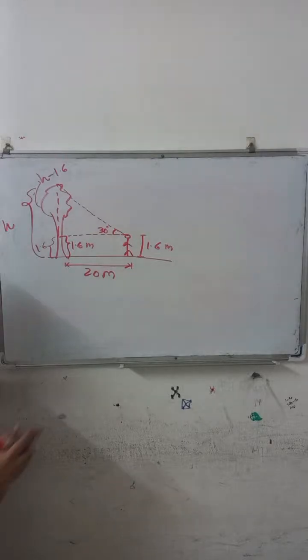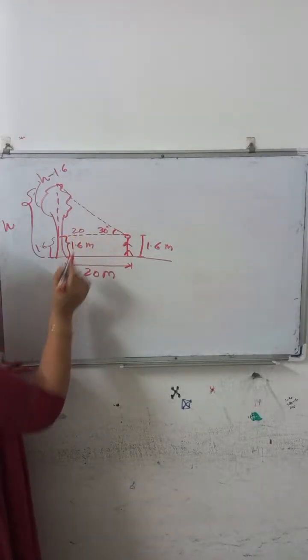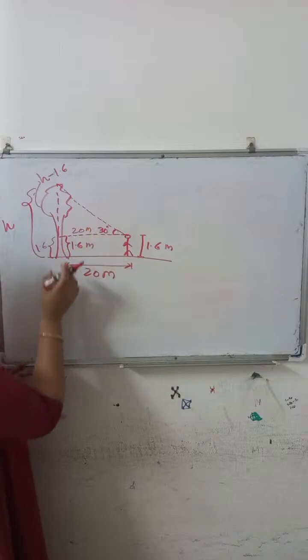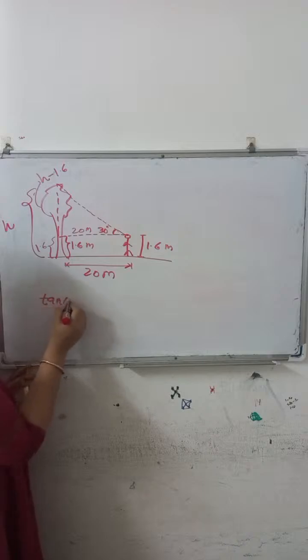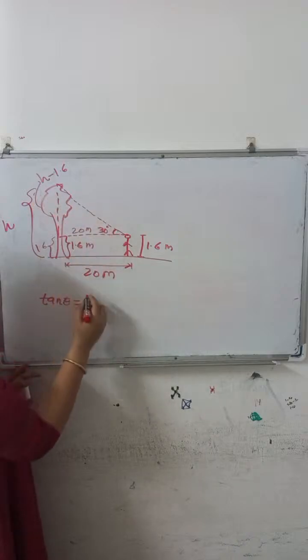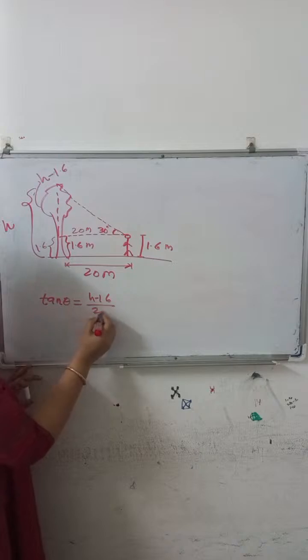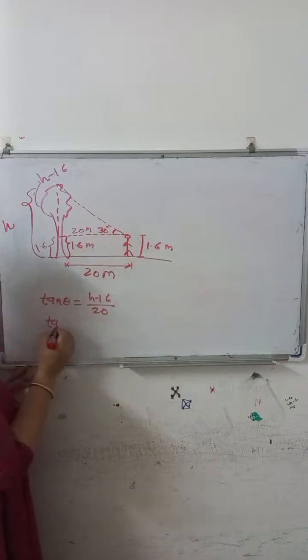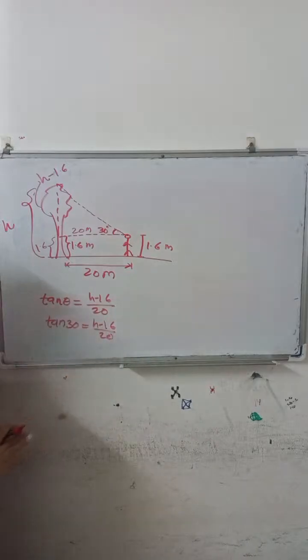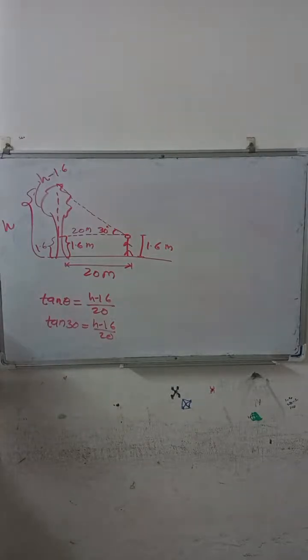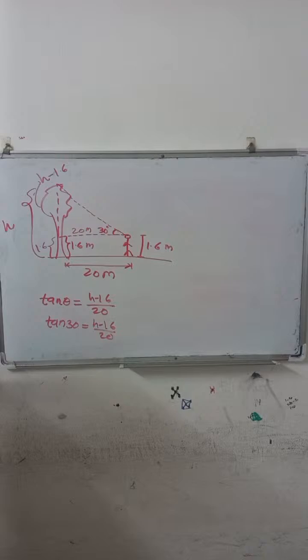Now this total distance is 20, that means this distance is also 20 meter. Now we want to find this height. Can we apply tan theta? Tan theta is opposite by adjacent. Opposite means h minus 1.6, adjacent is 20. Now here we have tan 30.